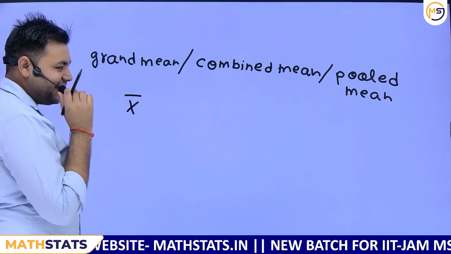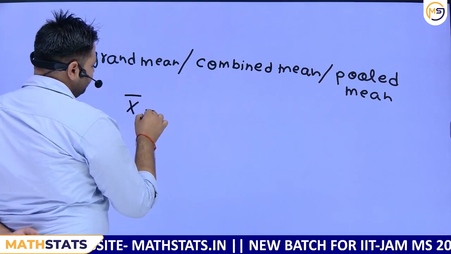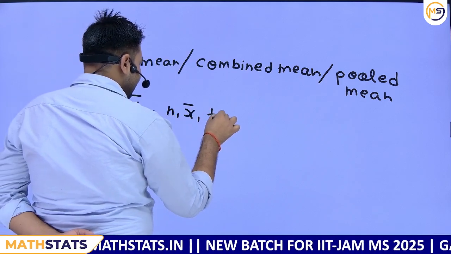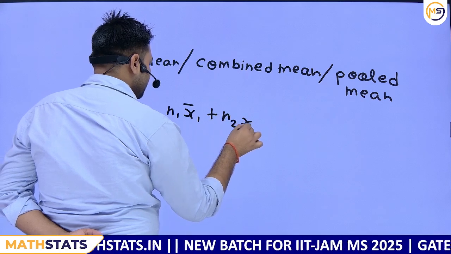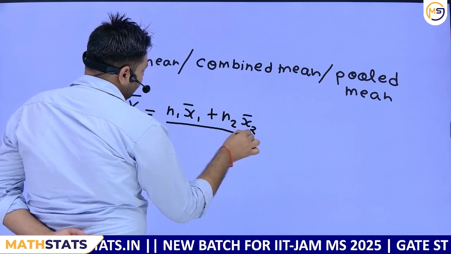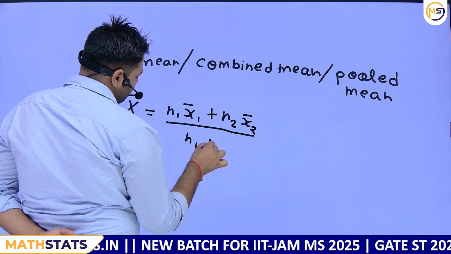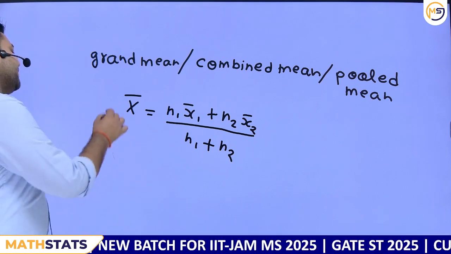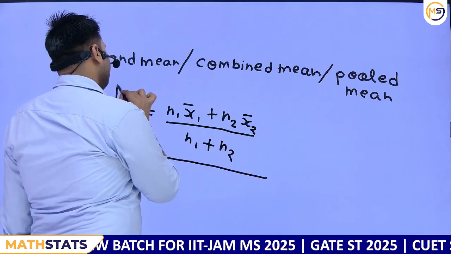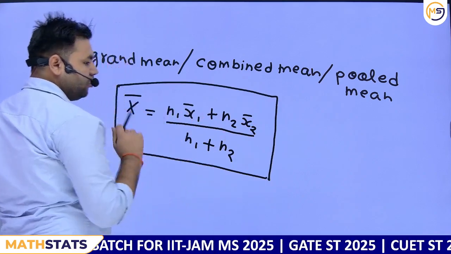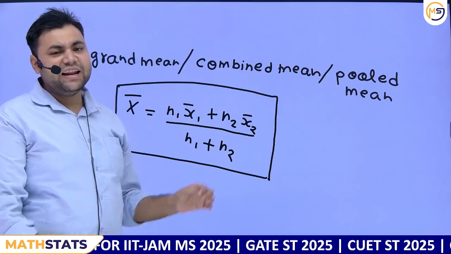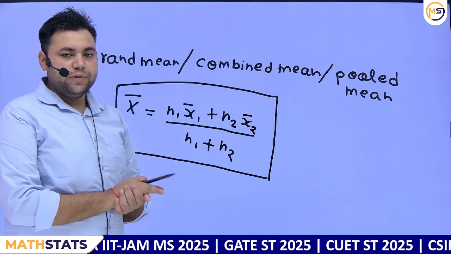This is denoted by x bar, okay? So this is equal to n1 x1 bar plus n2 x2 bar divided by n1 plus n2. You can prove this, okay? If anyone wants to prove this, you can prove this at home. Otherwise, you can see this is available in SC Gupta, BK Kapoor, or any standard book, Das Gupta, Gun Gupta, okay?